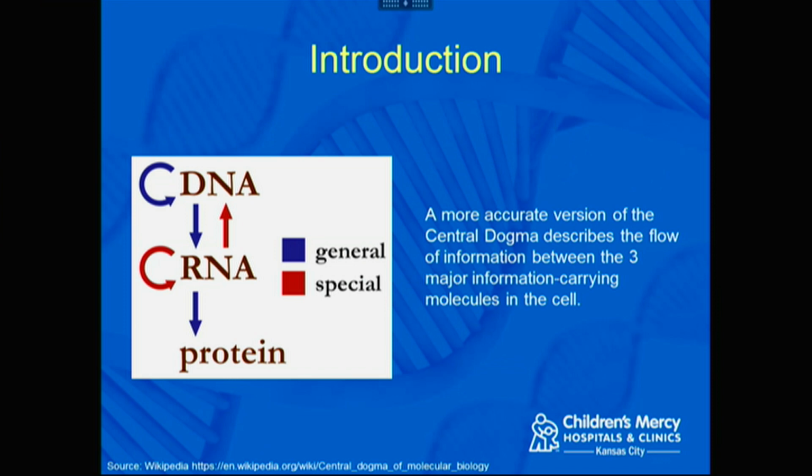RNA can also replicate, like viruses will replicate their viral genomes if they're stored in RNA. And some viruses can convert their RNA into a DNA template, so that's called reverse transcription. But notice that there's no known ability for the information in a protein to be converted back into DNA or back into an RNA.